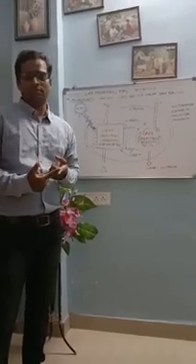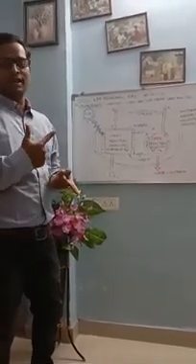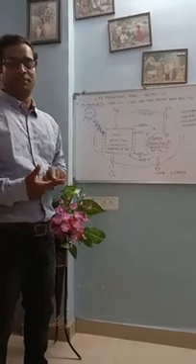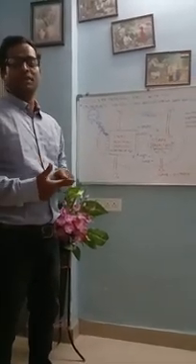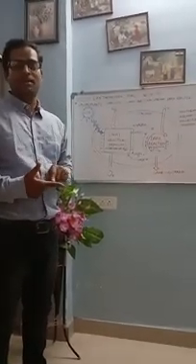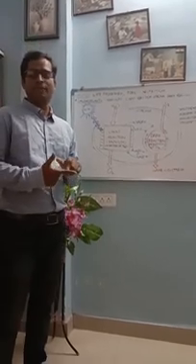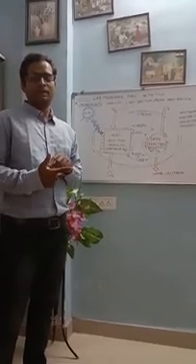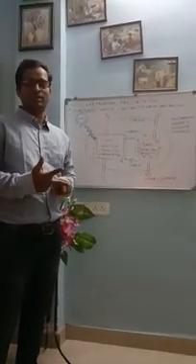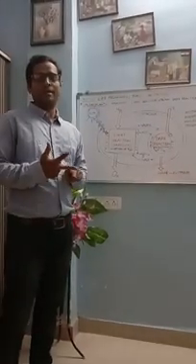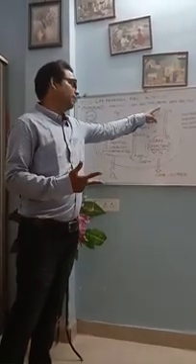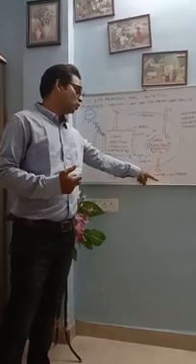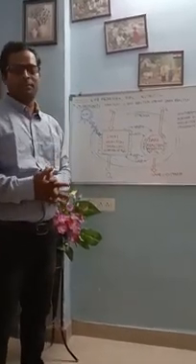Second step involved is conversion of this light energy into chemical energy, and chemical energy is nothing but ATP, that is adenosine triphosphate. And third step involved in photosynthesis is reduction of carbon dioxide into sugar or carbohydrates.